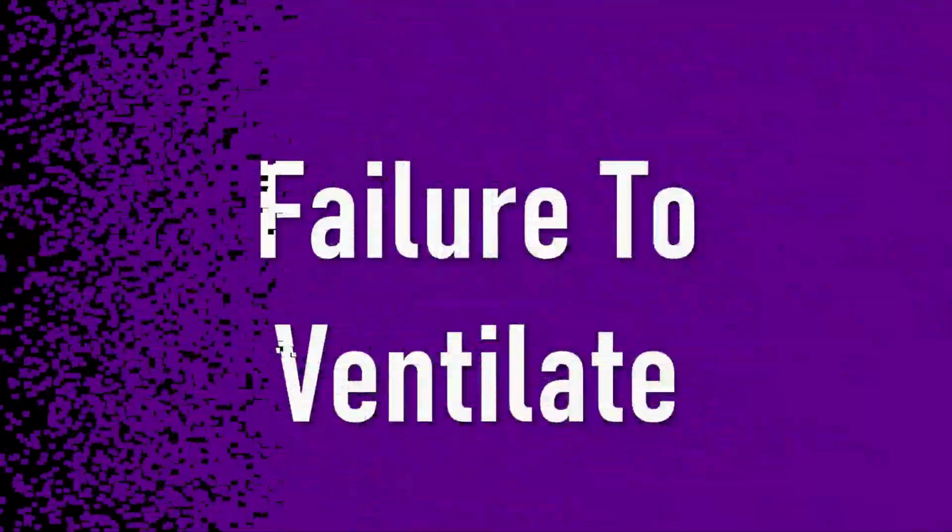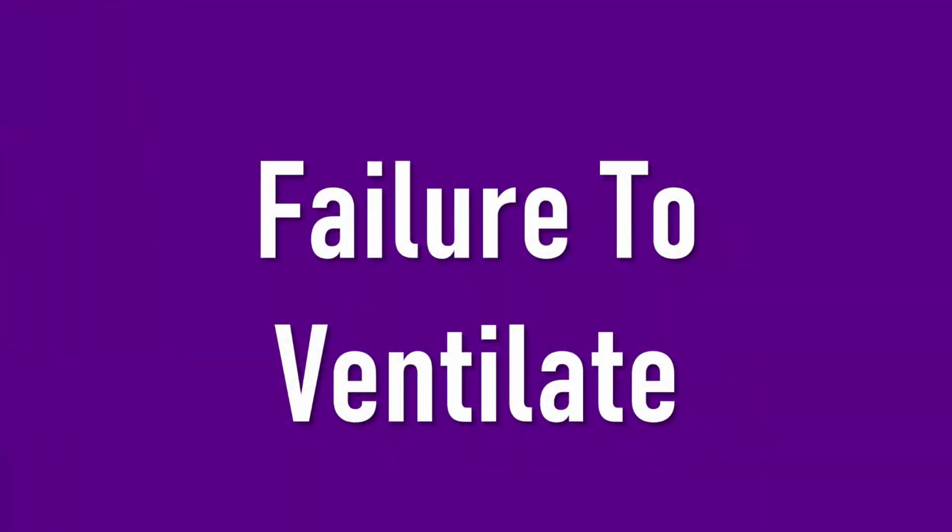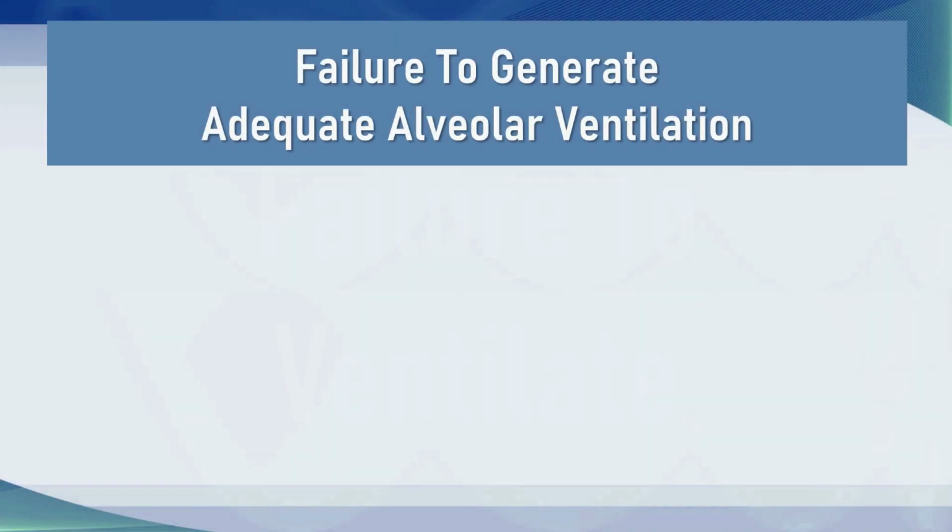Let's look at failure to ventilate. Failure to ventilate should be looked at this way. The main purpose of ventilation, that is taking a breath in and expelling a breath out, is to refresh oxygen in the alveoli and the dead space and expel carbon dioxide.